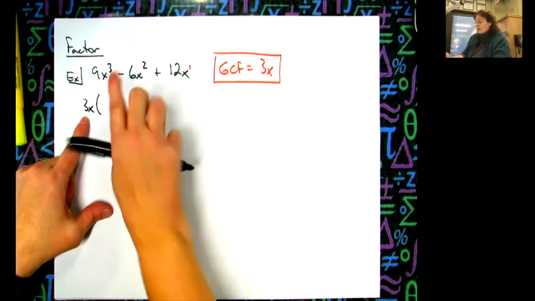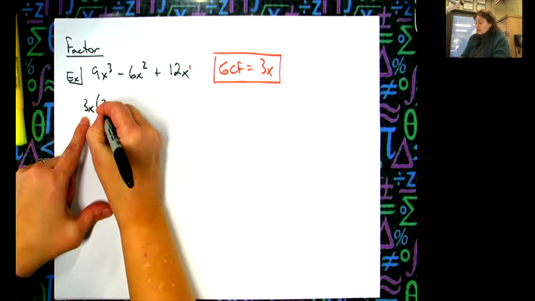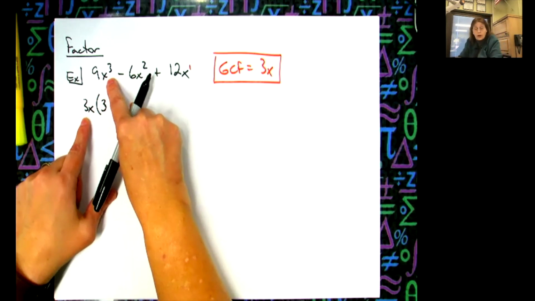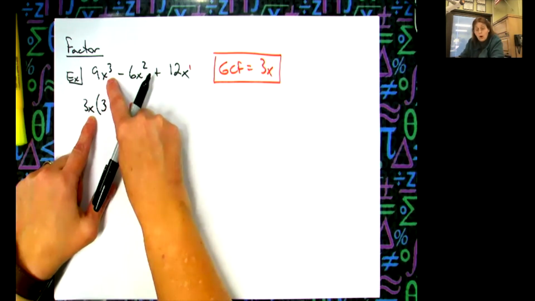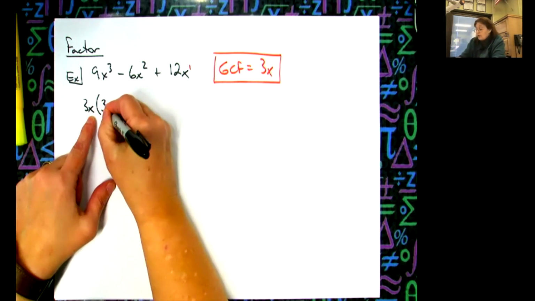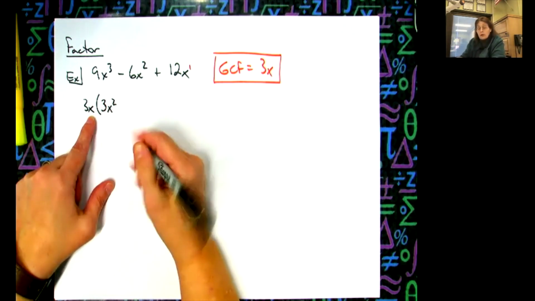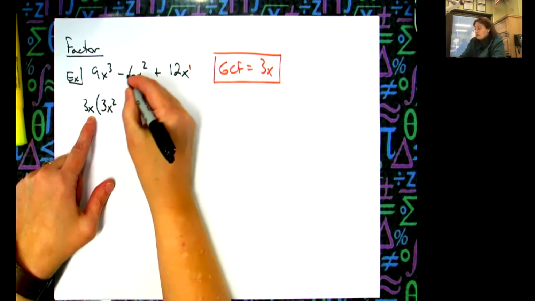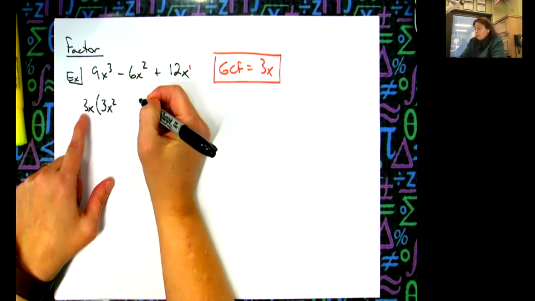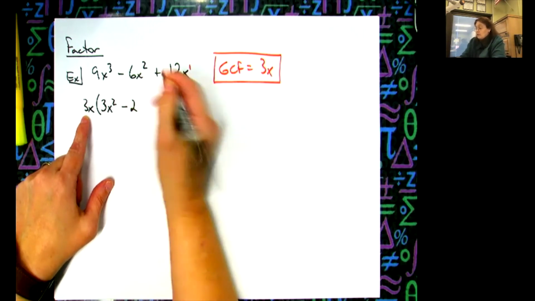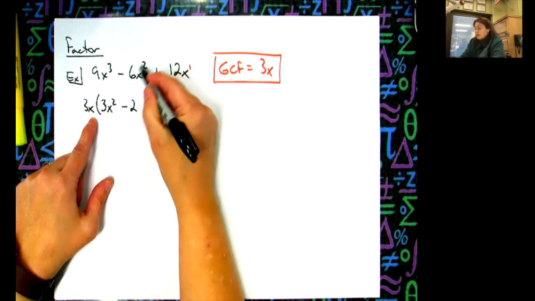9 divided by 3 is 3. I have x to the third, so I have 3 x's. I'm taking 1 out, which means I have 2 left over. This next term is a negative, so negative 6 divided by 3 gives me negative 2. So I divide out my coefficients, then I take a look at my variables.